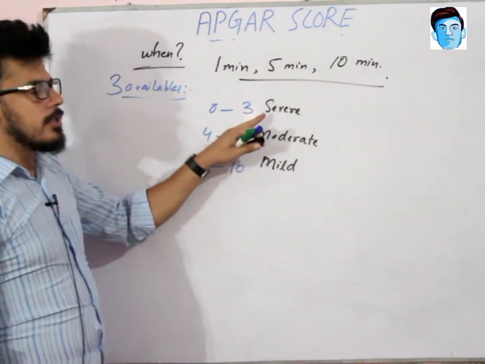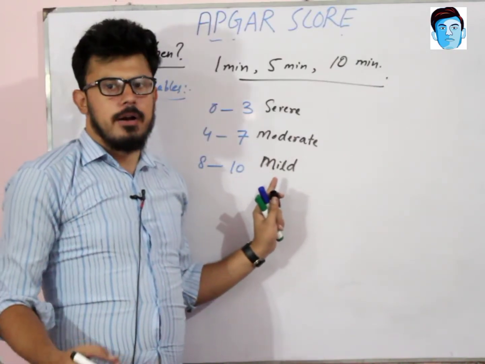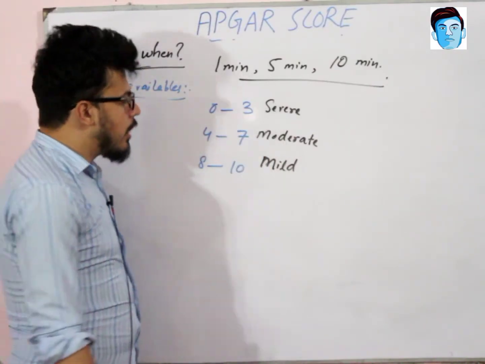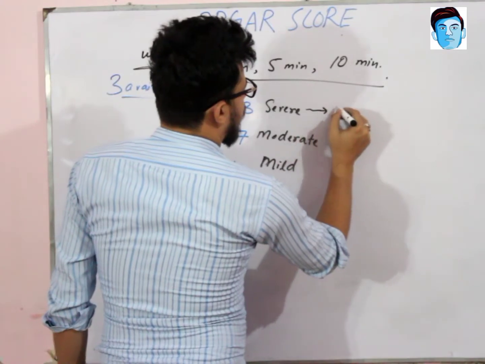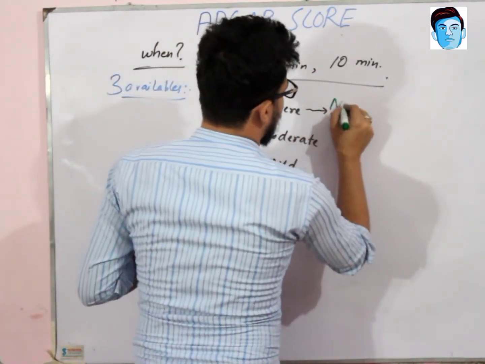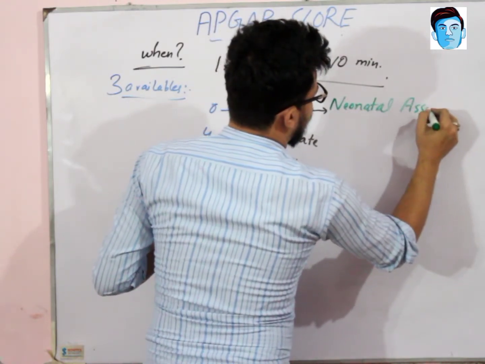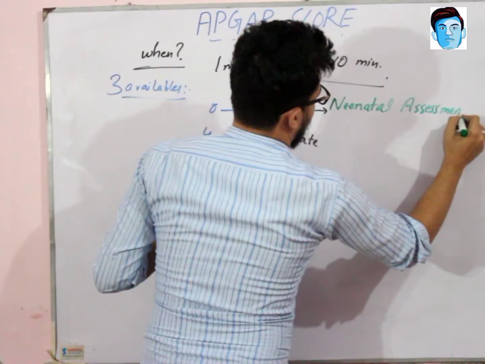So here it is a severe risk, here the baby is in moderate risk, here the baby is in mild risk. Now if there is a severe risk, straight away, most important, just do the neonatal resuscitation. So how will you assess the baby here? By doing the neonatal assessment.